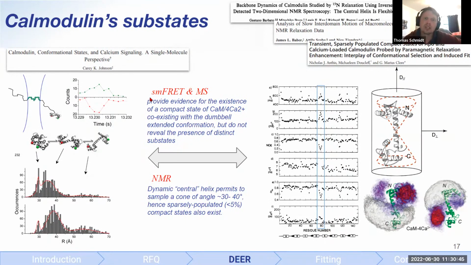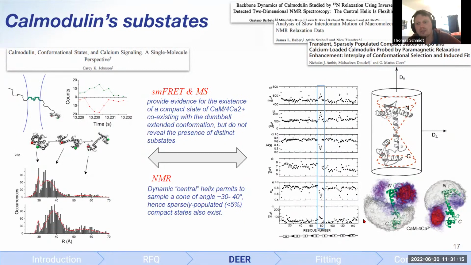However, single molecule FRET, mass spec, and NMR have shown that that might not be the full truth. They have shown that in that connection helix, there are a couple of residues right in the smack in the middle that are a little bit more dynamic and therefore can adopt different conformations. Minor, but significant conformations, which probably allow the protein to fold onto a substrate subsequently.